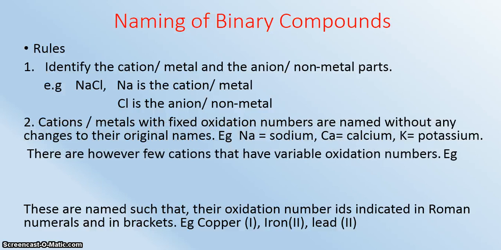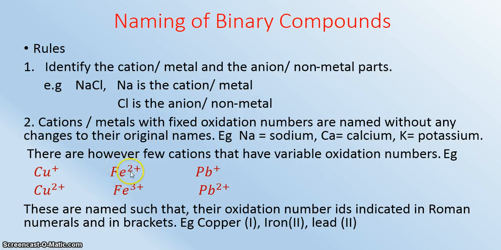Then we have a few of these cations, however, that have variable oxidation states or numbers, or they don't have fixed oxidation numbers. For example, we have copper 1 and then we have copper 2. So if I say variable, that's what I mean. You meet copper, sometimes it will have a charge of +1, sometimes a charge of +2.